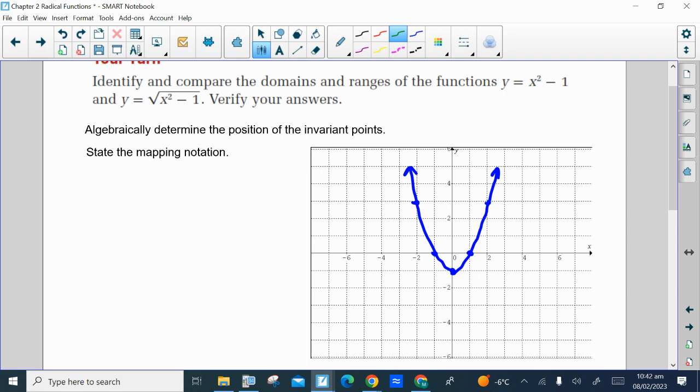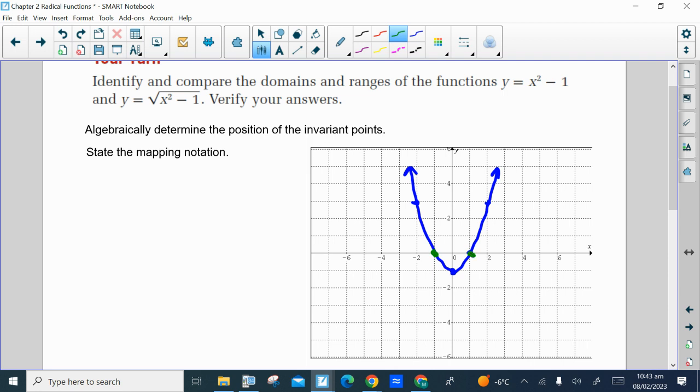Vish, do we have invariant points here? The point minus 1, 0 right there. Okay. Any other invariant points?